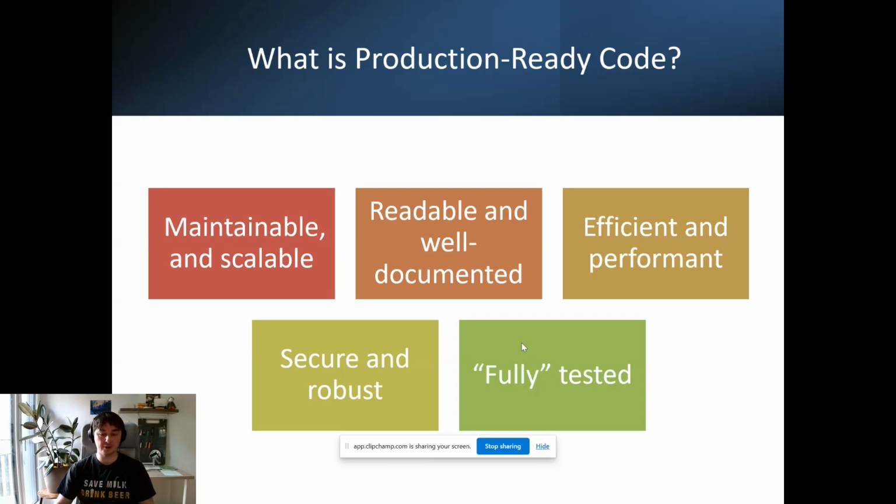And as you can see on the screen, there are a couple of main bullet points. Production ready code, in general, should be easily maintainable, so you can write new functionality to your existing applications without big issues.